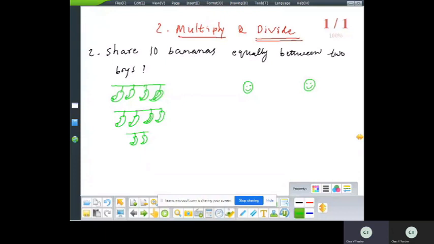Yes. This banana, first boy, second boy. Here one more banana. Next time, these 2 bananas. Next, these 2 bananas.